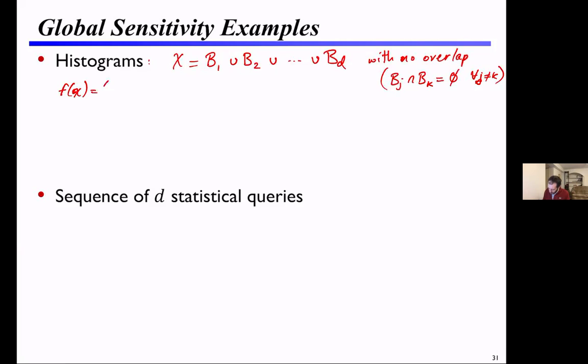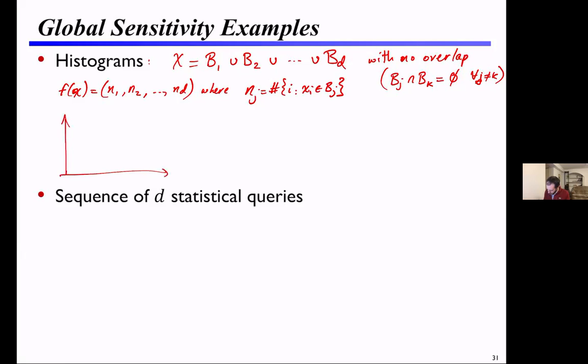So it's a list of counts, n_1 and n_2 up to n_d, where n_j is the number of indices i such that x_i is in B_j. That's the function we want to release, and we want to add noise to it.